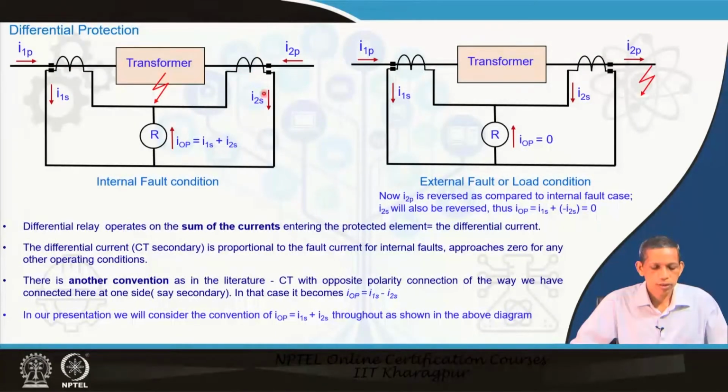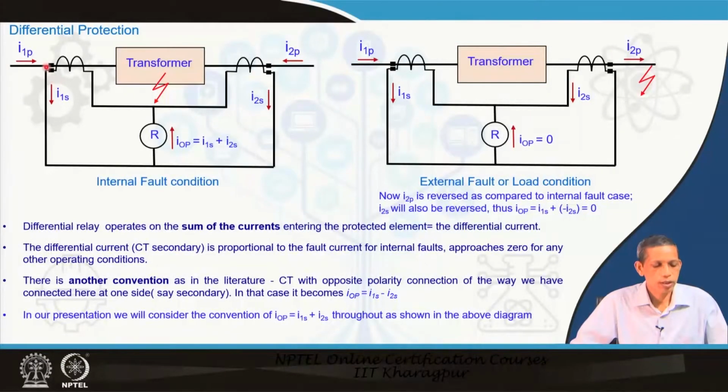Here you can see on the secondary side also. So, we have I 1 P, the line current flowing in the primary side, and I 2 P, the line current flowing in the secondary side. We have CT connection, and then on the secondary side of the CT we have I 2 S, and on the primary side the I 1 S. This current flows into the relay.